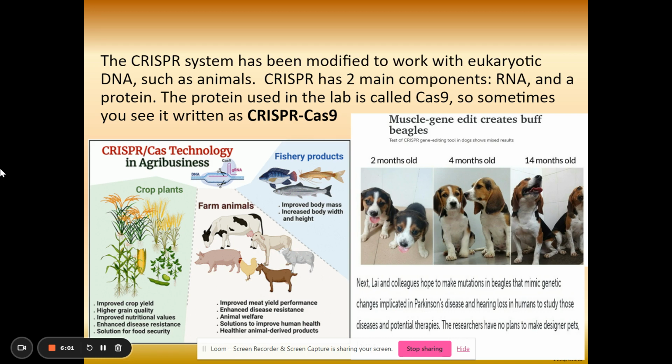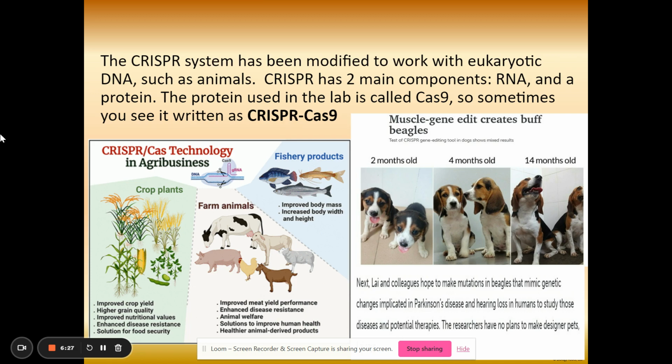And speaking of more muscle, I found this article about muscle gene edit creates buff beagles. And it says the test of the CRISPR gene editing tool in dogs shows mixed results. So, again, kind of seeing what you can do with other animals before we start doing gene therapies and removing genes and replacing them in humans.